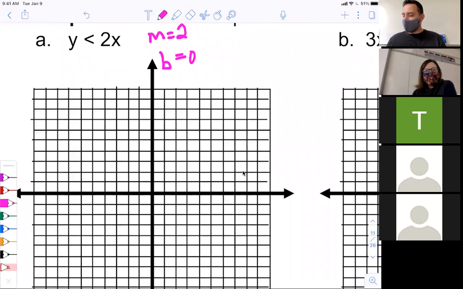I'm going to put a dot on 0. From there, I'm going to go up 2 and over 1, up 2 and over 1. Nothing's going to change with how we start the graph. You can also go down 2 and to the left 1. So I'll give you a second to put your points.